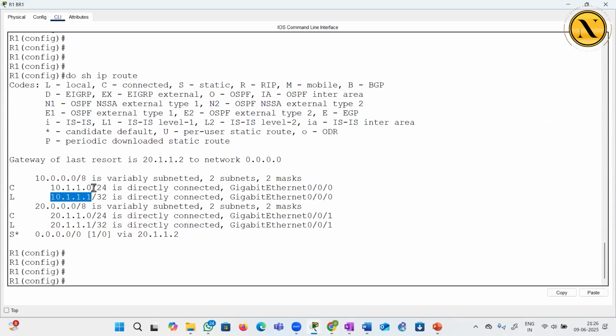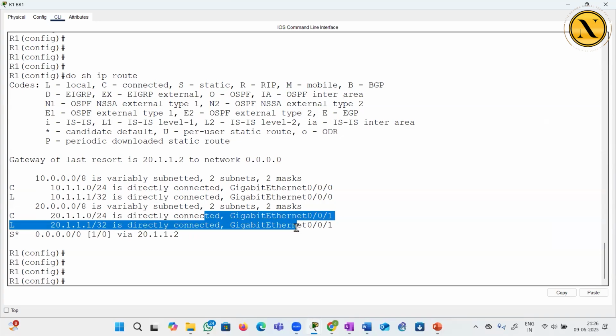And what is the subnet mask we have given? 255.255.255.0. So local means local host IP address, exact IP address given to the interface, but the subnet mask given is this one above, right? Likewise for 20. So this 21.1 belongs to this subnet 21.0, right?